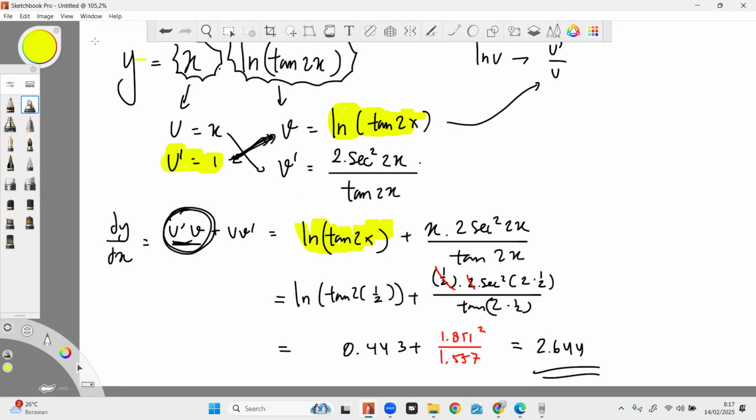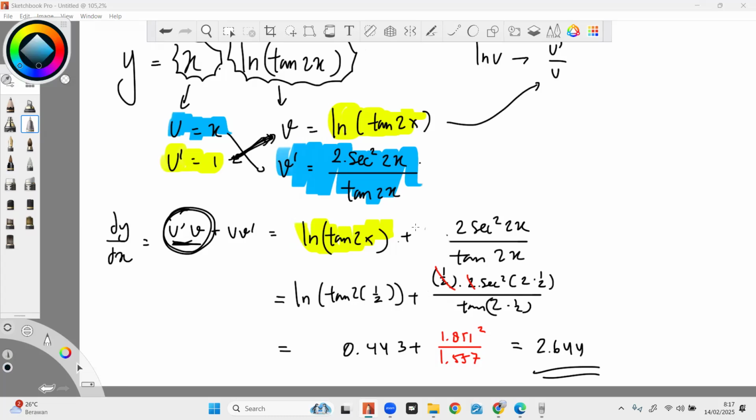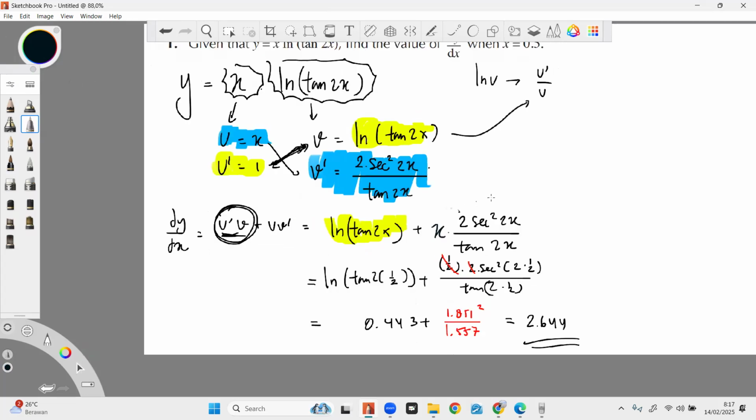And then, wait a moment. Plus, because this is the product rule, guys. Product rule, not quotient rule. UV', and x, you put on top. But if you want to put it here, it doesn't change anything, right? Yeah, no problem. Now you know, right?